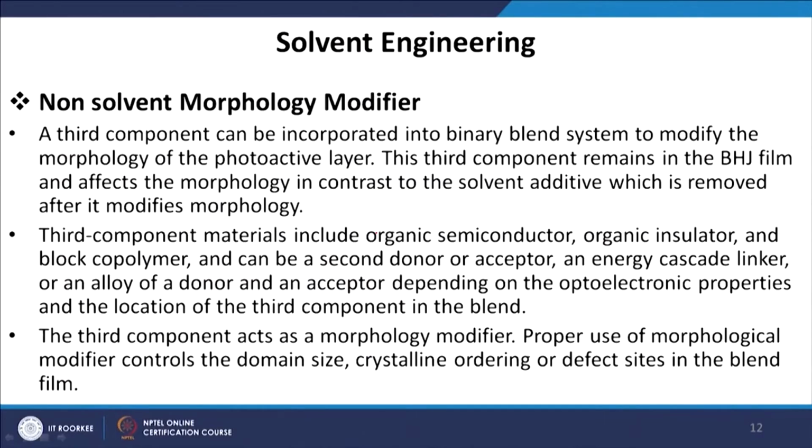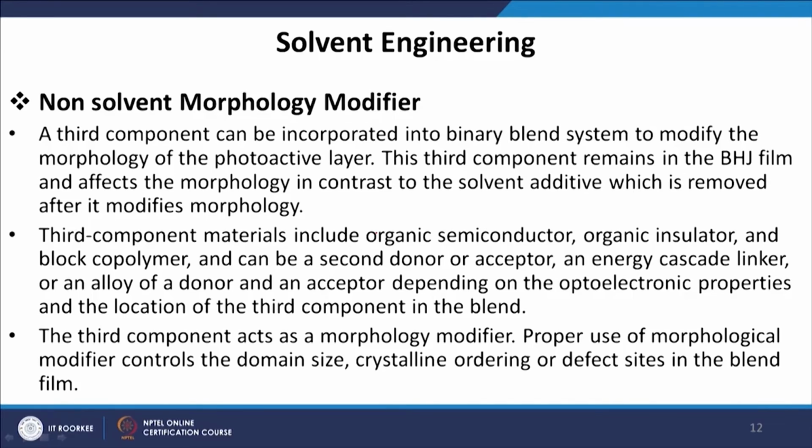But I can also add a third solvent whose dielectric constant is very different from chloroform, and then it is called an anti-solvent of the chloroform. The third component remains in the BHJ film and affects the morphology, in contrast to the solvent additive, which is removed after it modifies the morphology. So, after the solvent additive has modified the morphology we remove it, but the anti-solvent remains in the system.